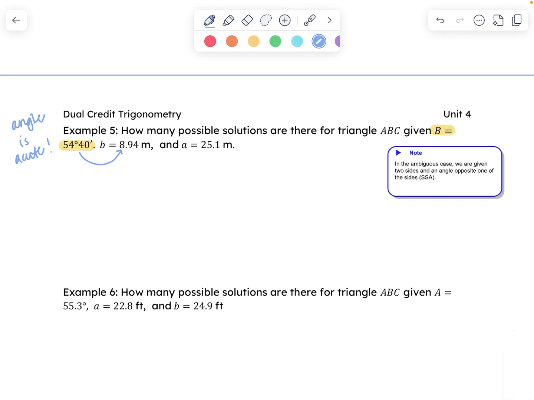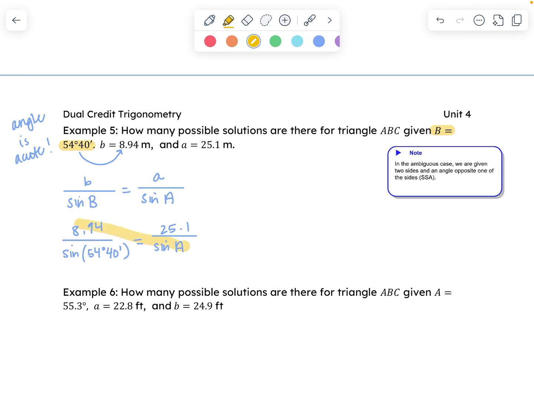You can see right here we've got b over the sine of B, and a over the sine of A. So side b is 8.94, and then we've got the sine of angle B, which is 54 degrees and 40 minutes. I don't know what sine of A is. That's what I'm trying to find. So I'm going to leave that denominator just as sine of A. But I do know that the top of it is 25.1.